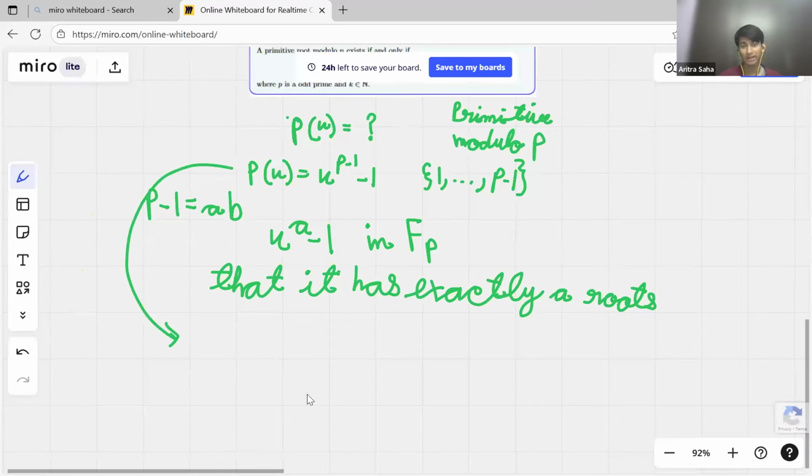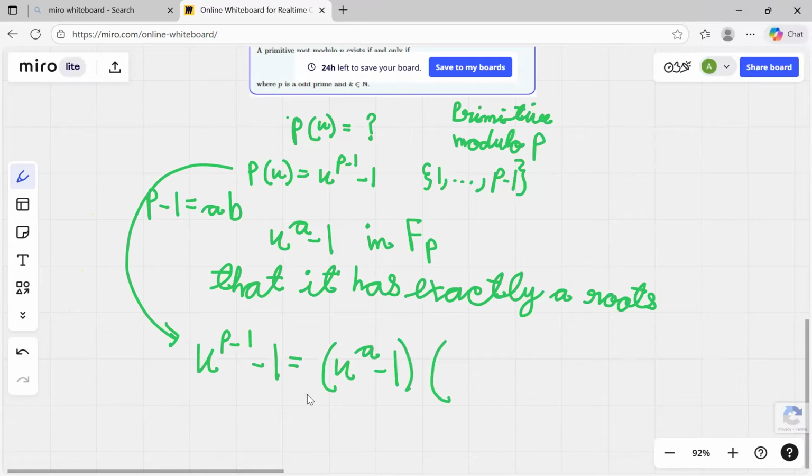So what is the next thing we could do? x to the power p minus 1 minus 1 has p minus 1 roots. Can we try to factor this polynomial? I mean, x to the A minus 1 will obviously be a factor of x to the p minus 1 minus 1 since A divides p minus 1. Exactly. So x to the power p minus 1 is x to the power A minus 1 times some other factorization.